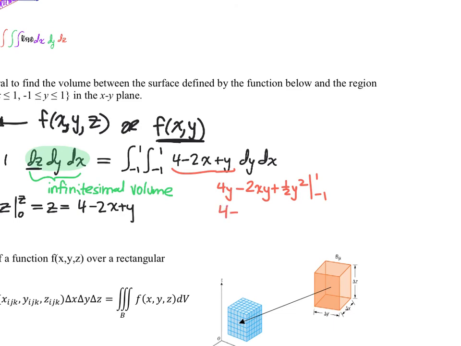So 4 minus 2x plus 1/2, minus -4 plus 2x minus 1/2. So 8 minus 4x, and then that would be plus 1, so 9 minus 4x.